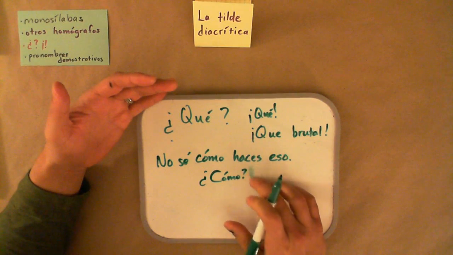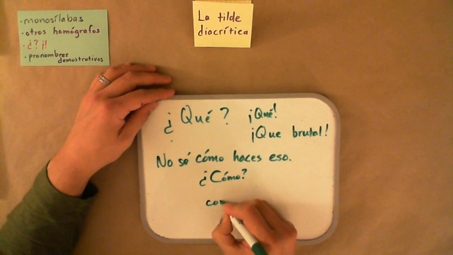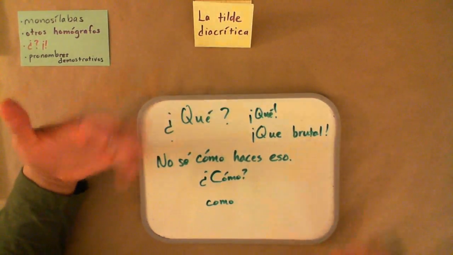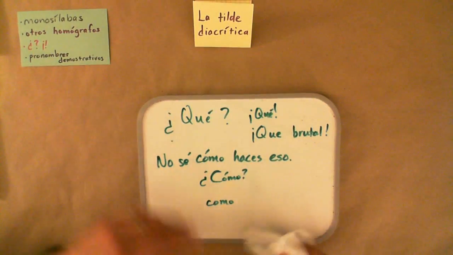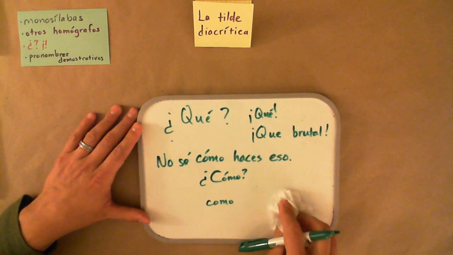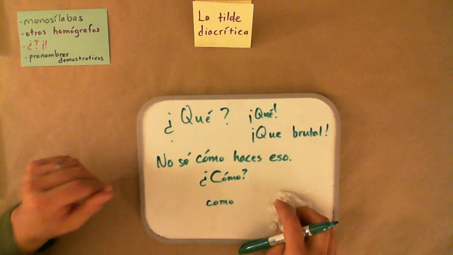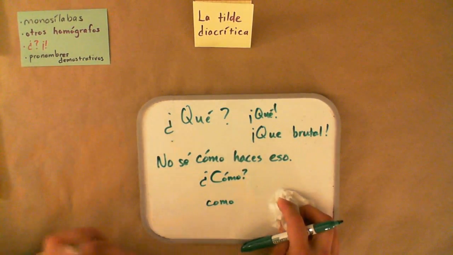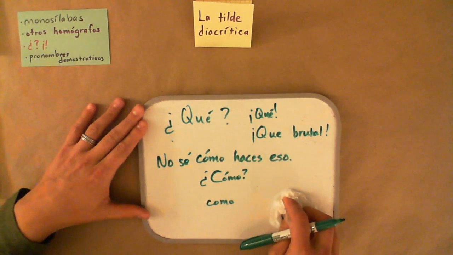There's another meaning of como, which is how, meaning as. Like, me gusta cómo lo haces. I like how you do that. That is a different meaning from I don't know how you do that.